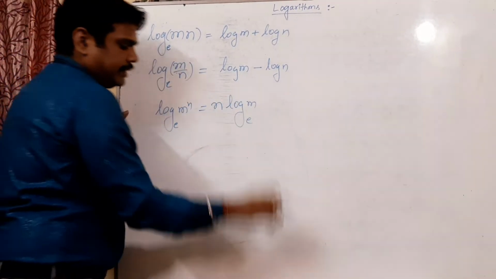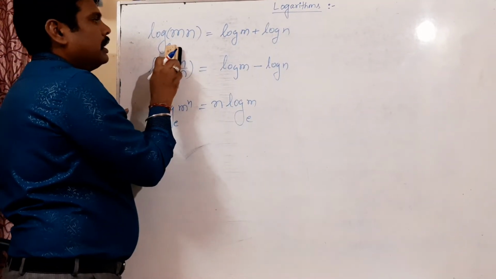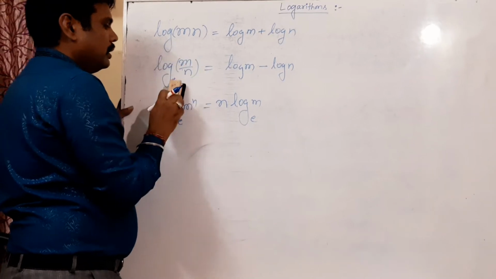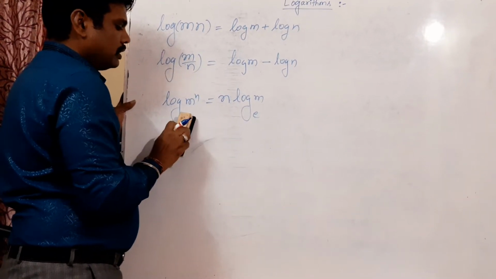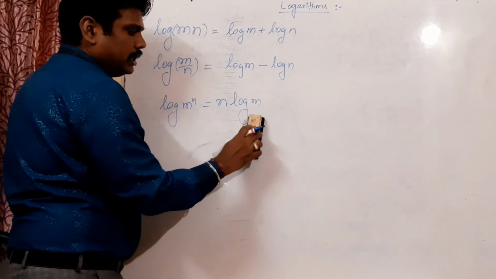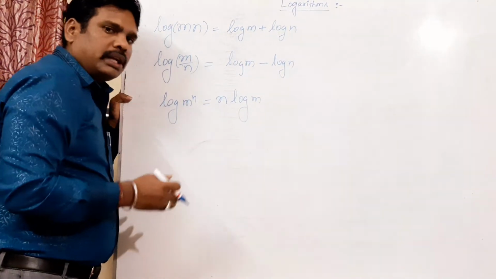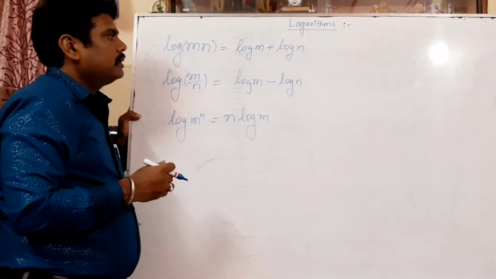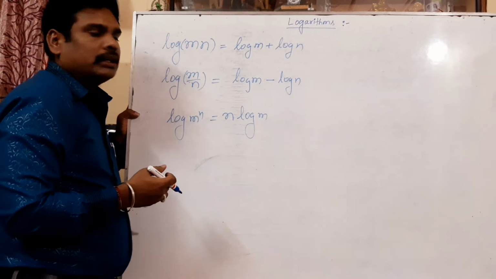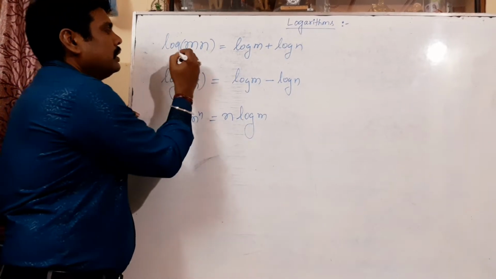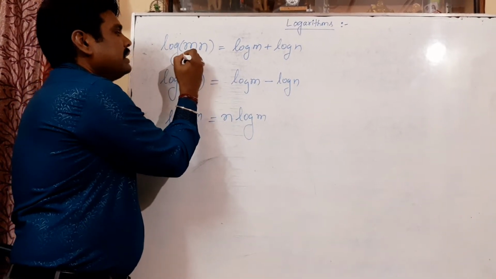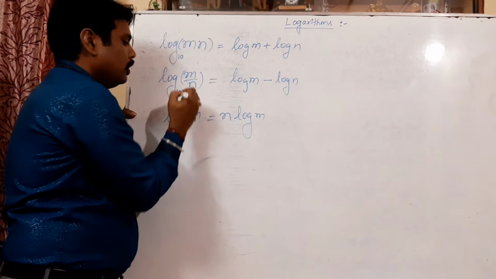If the base is e, such logarithms are said to be natural logarithms. Usually for calculation purposes, in the table we use to simplify any complicated calculation, we use the base 10. These are common logarithms.